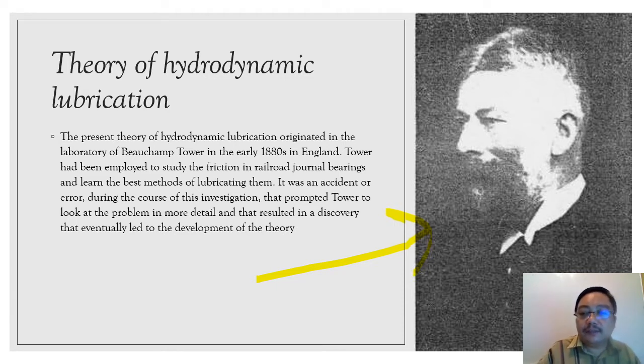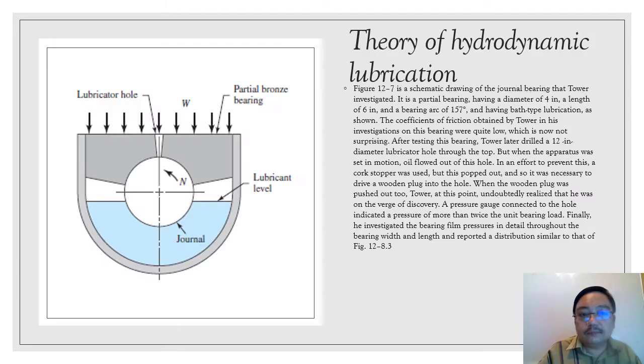Okay, so what is his theory? His theory says that, basically, this is a shaft. This is a journal.